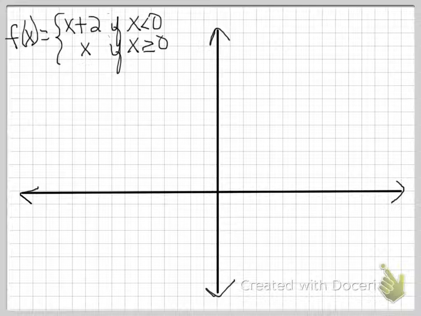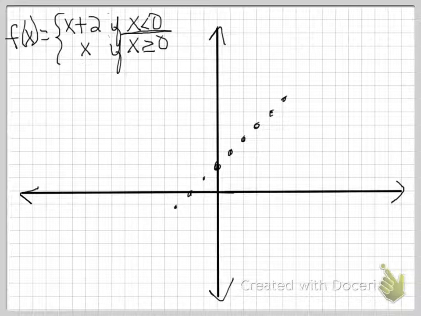Now we're going to graph f of x equals x plus 2 and f of x is equal to x. So the first one, the slope is 1 over 1, your y-intercept is (0, 2). Okay, there's my dots, but before I draw my line, I'm going to look at my restriction.